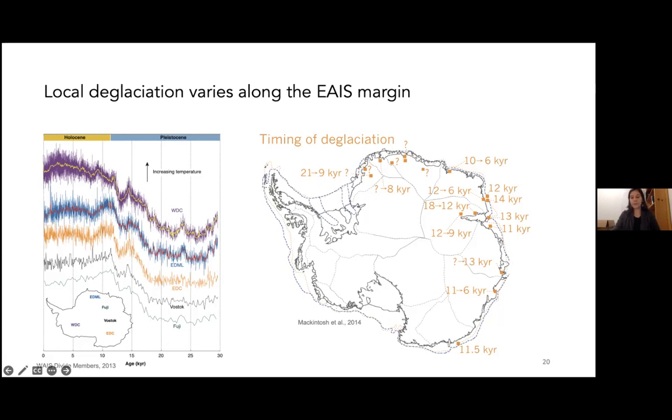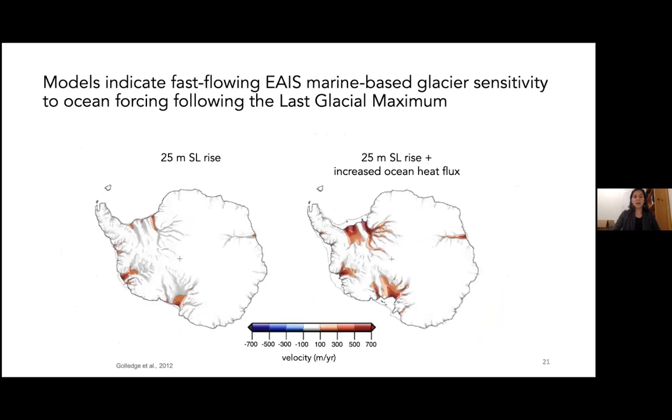So there's plenty to play with, plenty of questions to be asked along the East Antarctic margin, and you can see that some of this step back might have occurred during some of the coldest times in Earth's recent geologic history, whereas some of this other step back is occurring maybe during the warm Holocene, and that seems to make more sense. So that's what's driving this question.